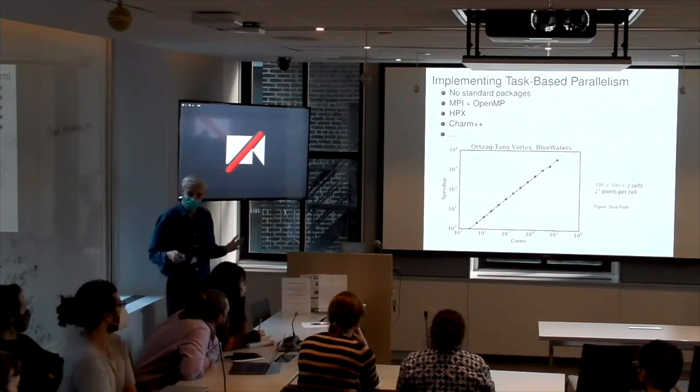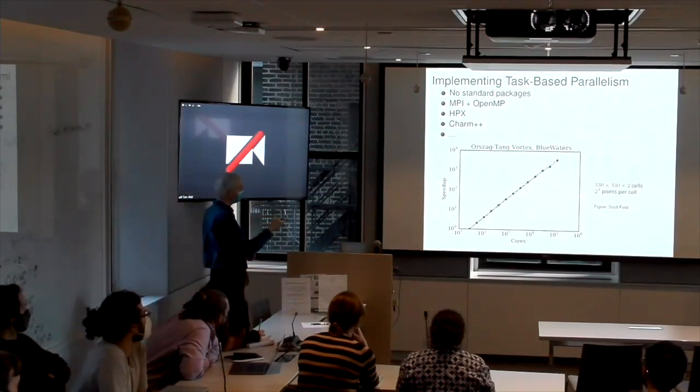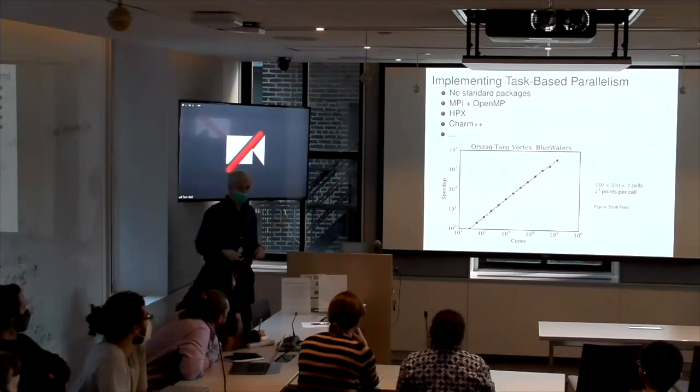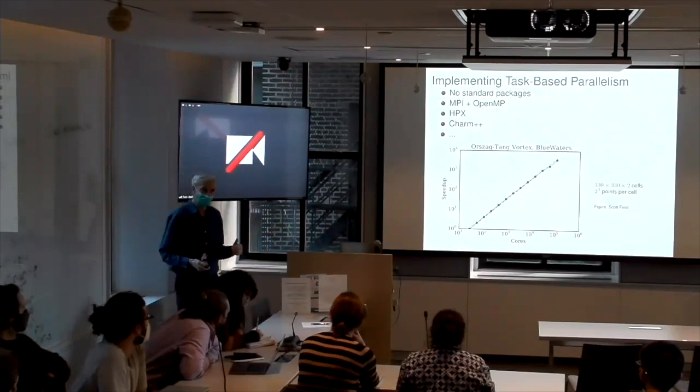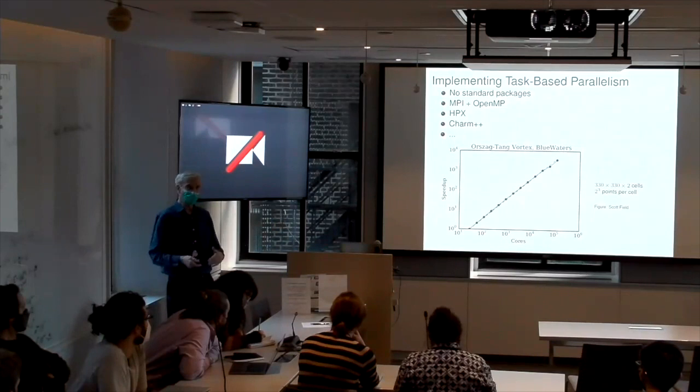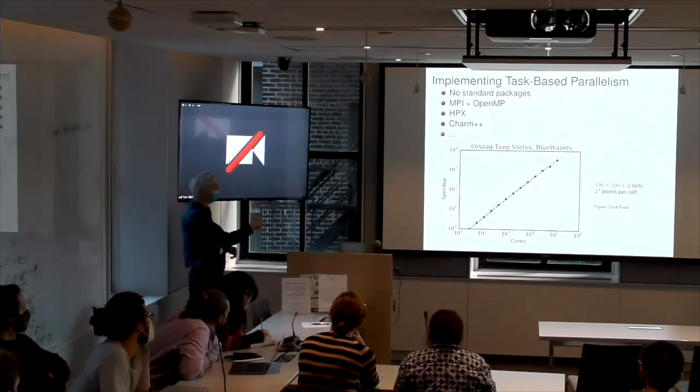It's not stable. I don't recommend that. The only package that we found that is mature enough to do it is Charm++, that comes out of a group at the University of Illinois, has a big user base. There's a cosmology code, there are chemistry codes, there are a bunch of codes that use that.